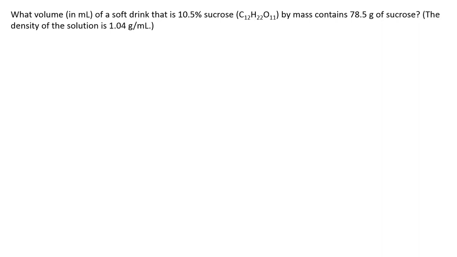So for this question, important information that you are given is the percentage of sucrose here, 10.5%, and also you are given the mass of sucrose, which is 78.5 grams of sucrose, and you are also given the density of the solution.